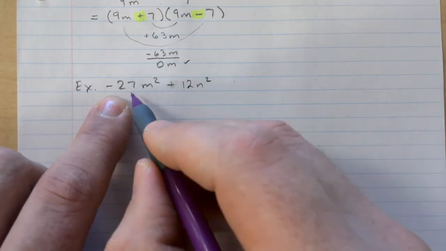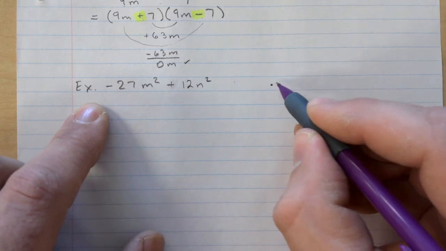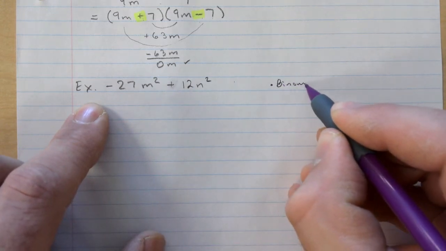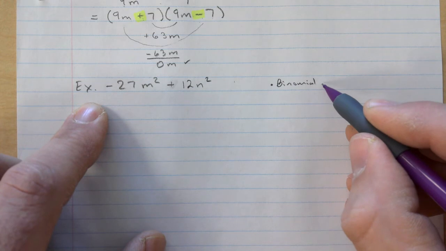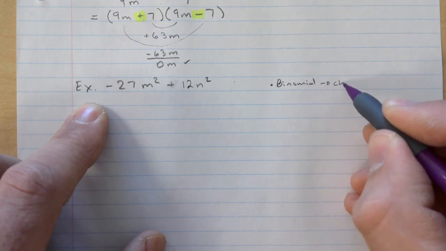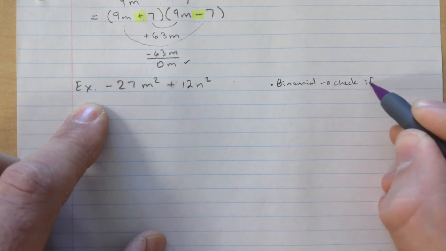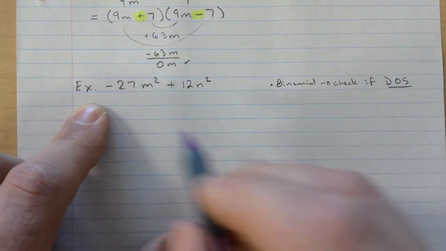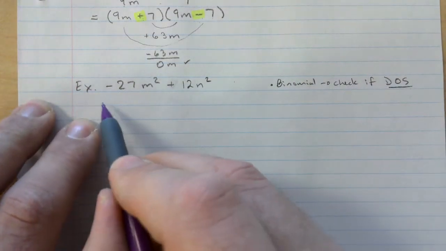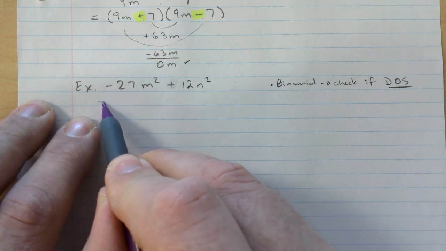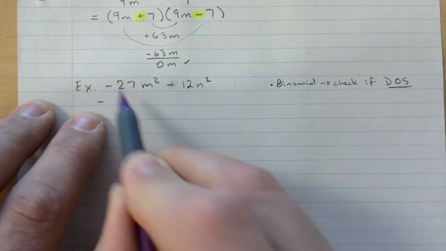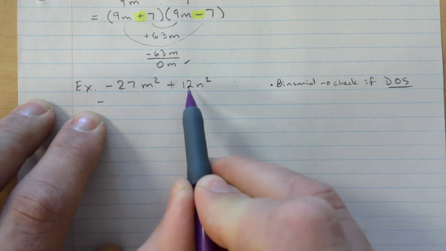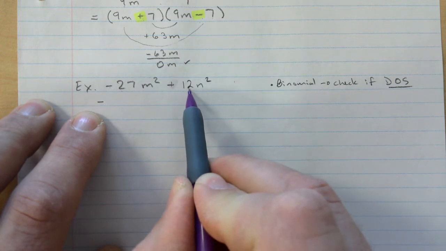So I will say this: it's a binomial. Check if DOS, right? So what I will do is I will take out a GCF. I'll take out this negative. And what goes into both of them? 3, right?